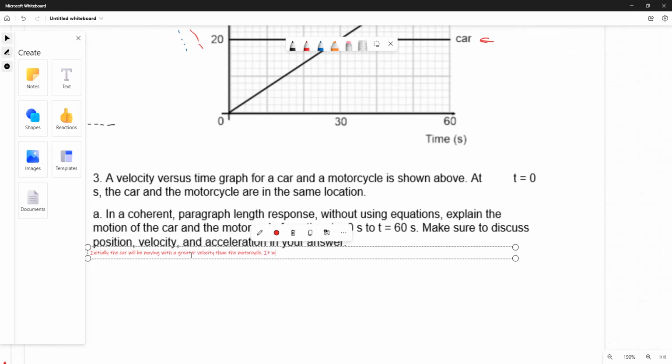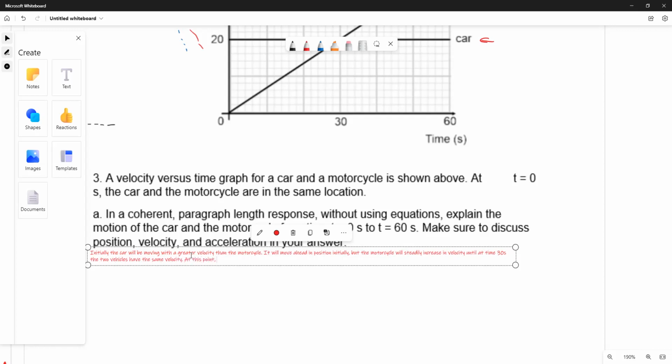It will move ahead in position initially, but the motorcycle will steadily increase in velocity until at time 30 seconds, the two vehicles have the same velocity.